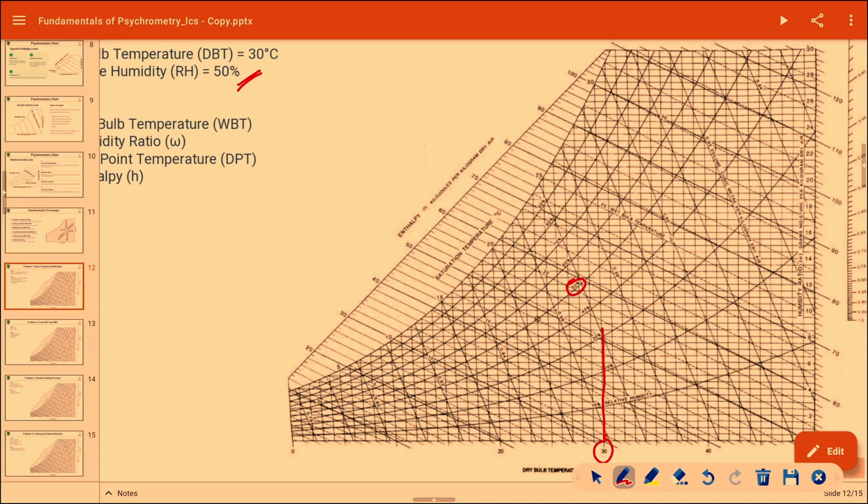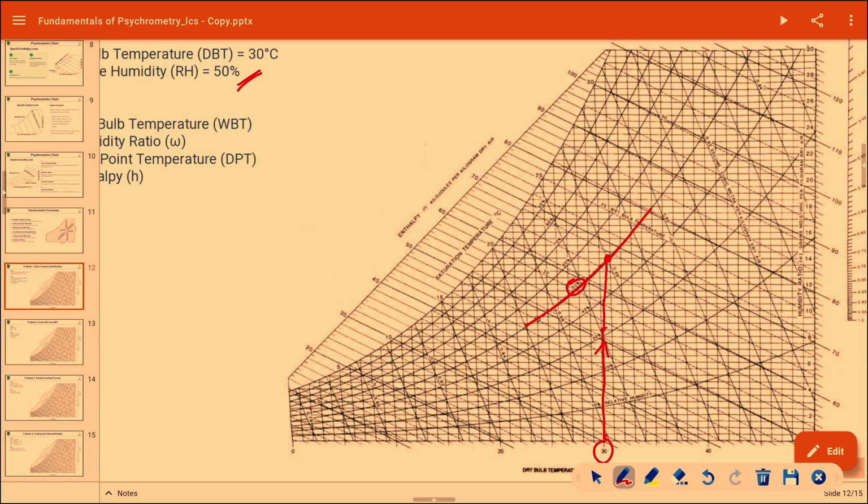You have to draw the vertical line upward till it hits the 50% RH line. So this is the state point we want. We got the state point at the intersection of these 2 constant property lines, the constant dry bulb temperature line and the constant relative humidity line. The point of intersection of these 2 lines gives you the required state point.